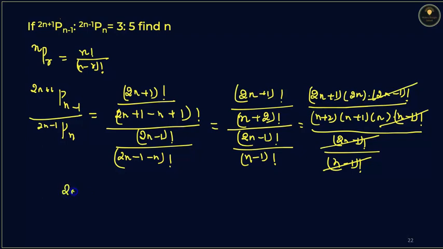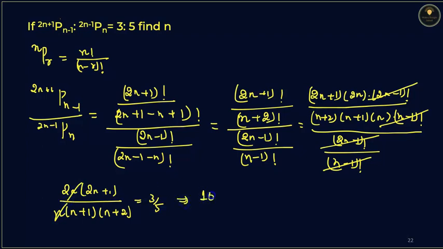So you will get the value as 2n into (2n plus 1), and the denominator will be equal to (n plus 1)(n plus 2), that is equal to 3 by 5. n and n will get cancelled. Let's multiply crosswise.